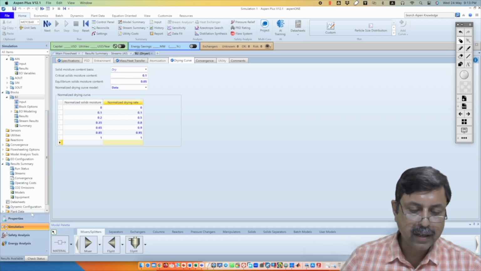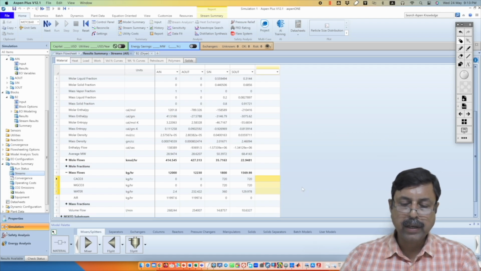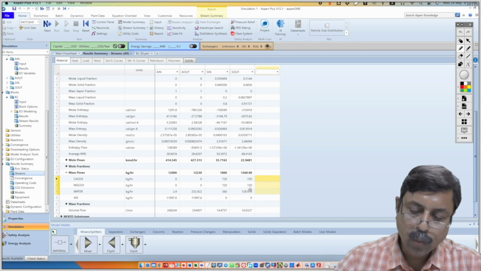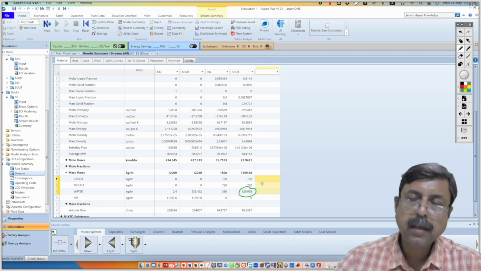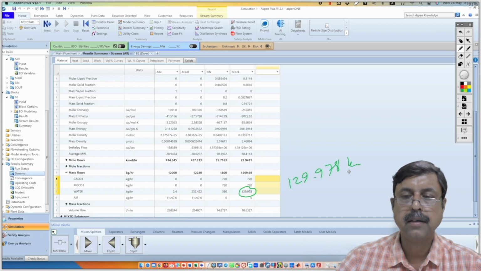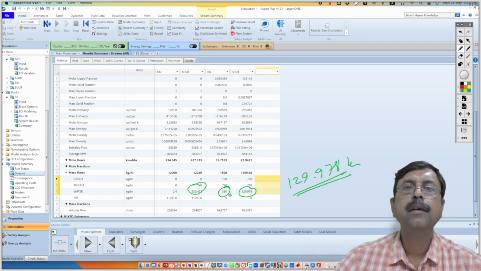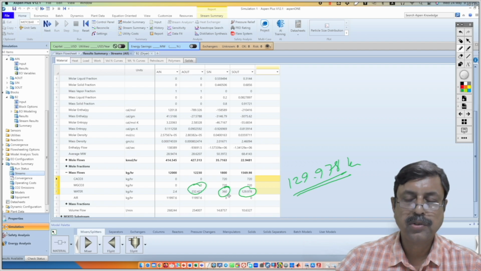Okay, so we have run. Now let us see the summary. These are the result summary. Here you can find that the water content in the dried solid is still 129.978 kg. So out of 360 kg, only this much has been removed.